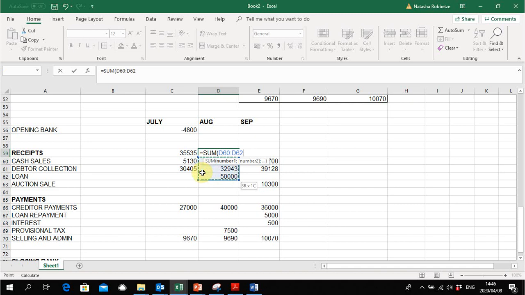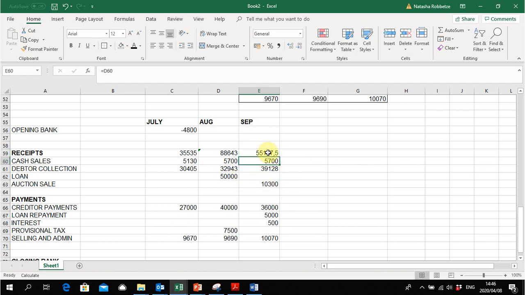And totals for our payments. Just going to round that to a whole number as instructed. Right, so there's our receipts. Then also we need to add up our payments.